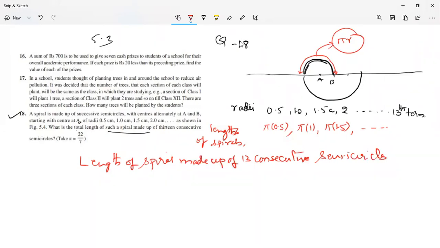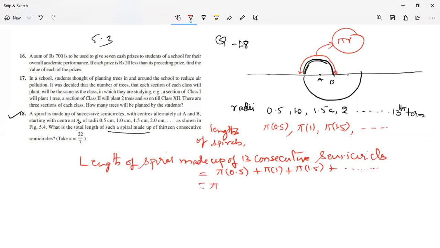It is the sum of this up to 13 terms. So pi into 0.5, pi into 1, and so on. So pi we can take common directly. I'll write first length 0.5 plus second length 1 plus the third length 1.5, plus this will go up to the 13th length. We can find the last term also for this one, but okay, no need. I think we have the number of terms, so we can go by another formula.